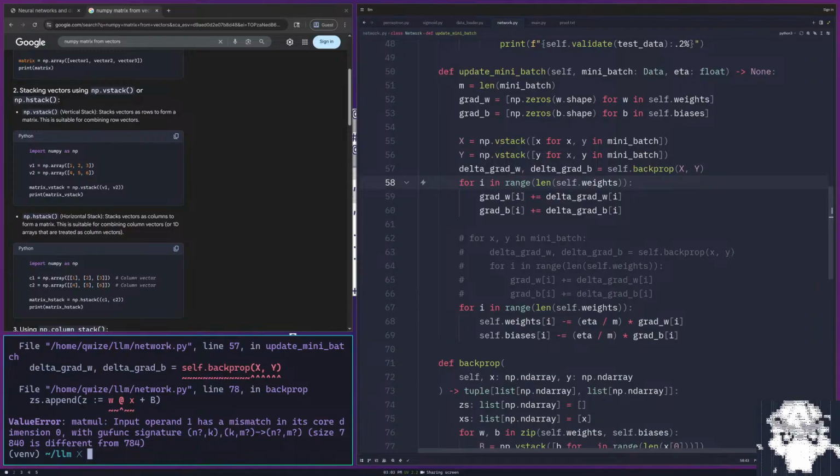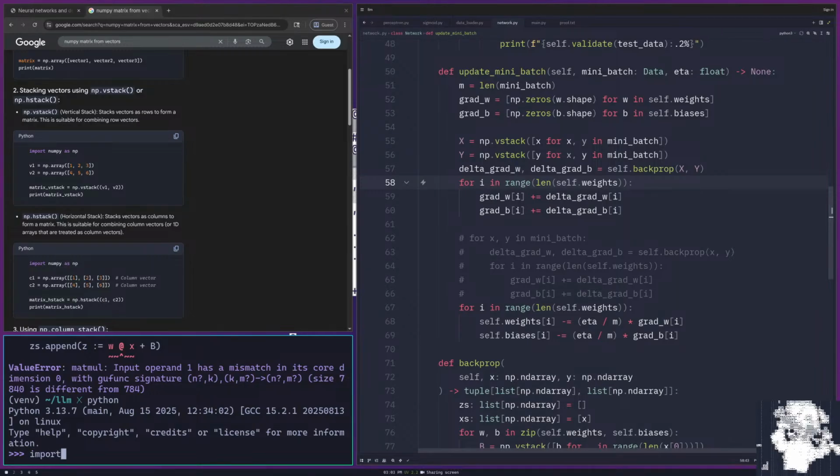Size 7,840 is different from 784. That just makes me think I'm not stacking it in the right direction.